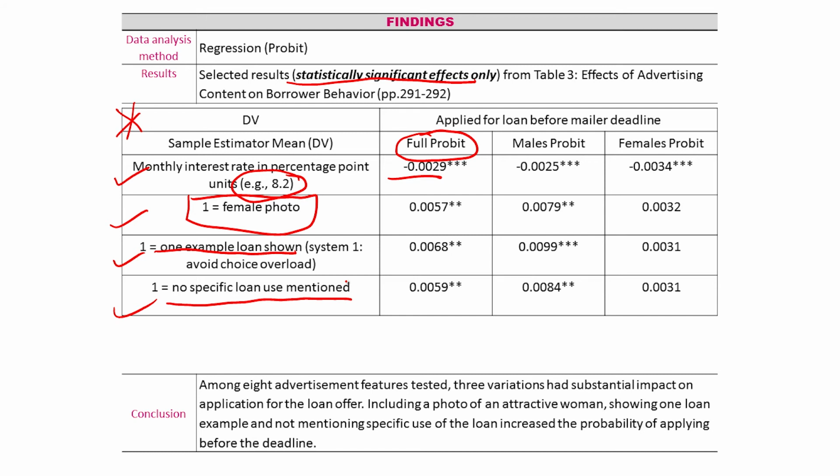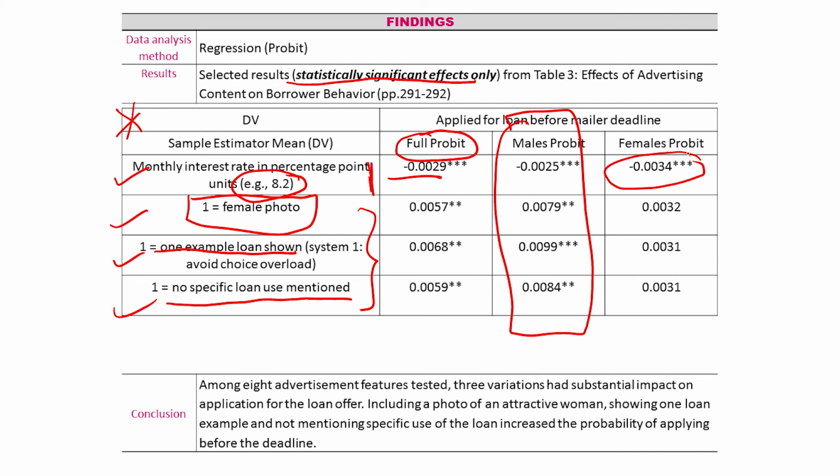So while the first of these factors is what one would call a rational reason for influencing the take-up rate, the other 3 factors were simply factors that were part of advertising content that also had significant effects on the take-up rates. Notice that all the factors had an effect on the male respondents, whereas only the interest rate had an effect on the female respondents.